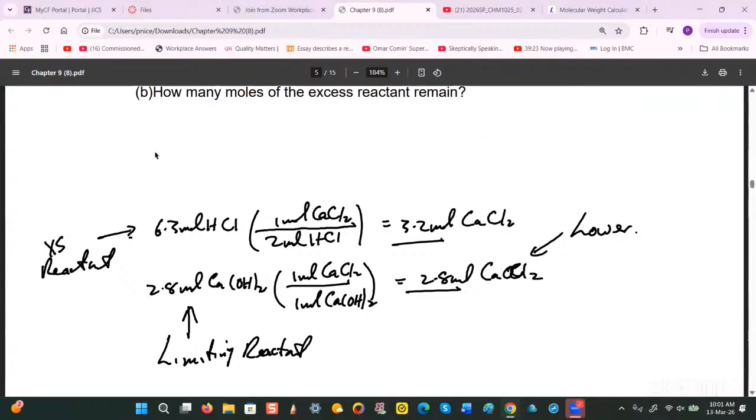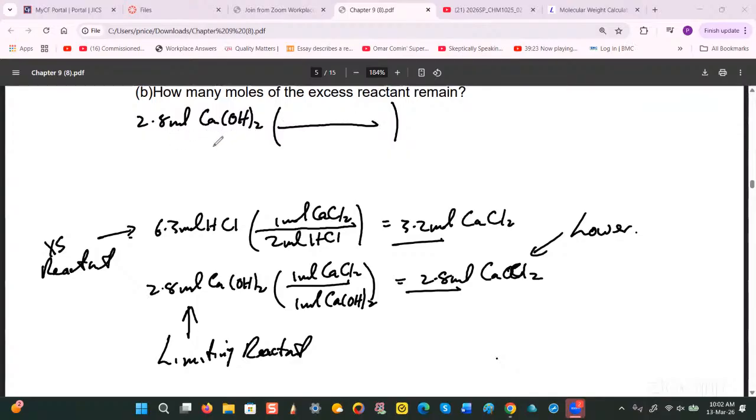Okay, so what I would do first is try to find out how much of the excess reactant reacted. The way we do that is we start with the limiting reactant, which is the 2.8 moles of calcium hydroxide, and find out how much of the excess reactant will react with this much calcium hydroxide.